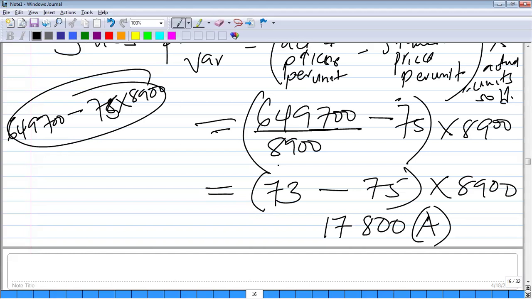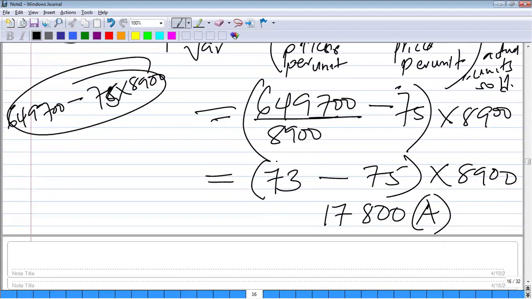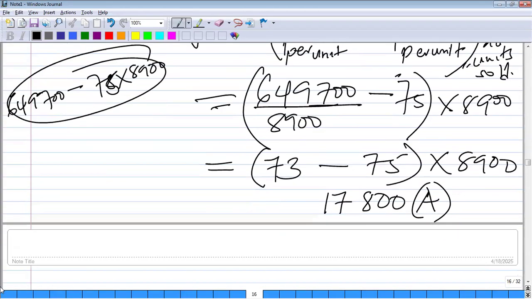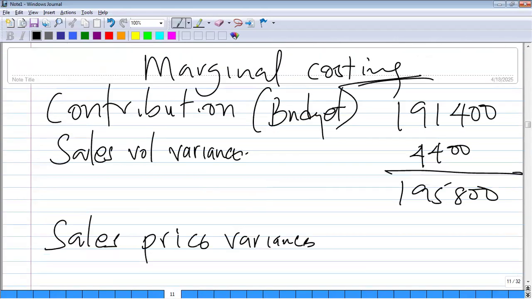Okay, so the sales team, we realize that we have an adverse sales price variance. Sales price variance of how much? 17,800. So now you demonstrate to the sales team that you cost us some amount of money.